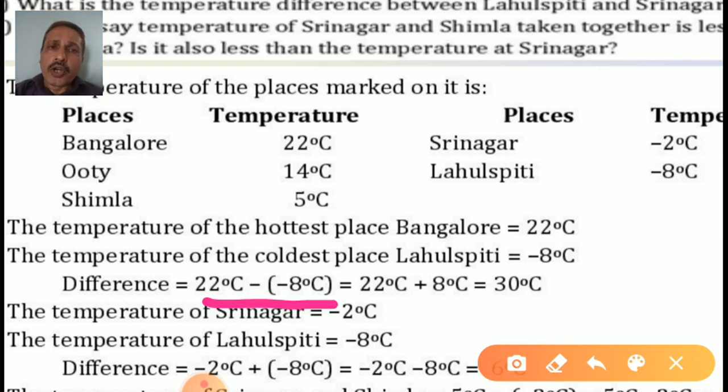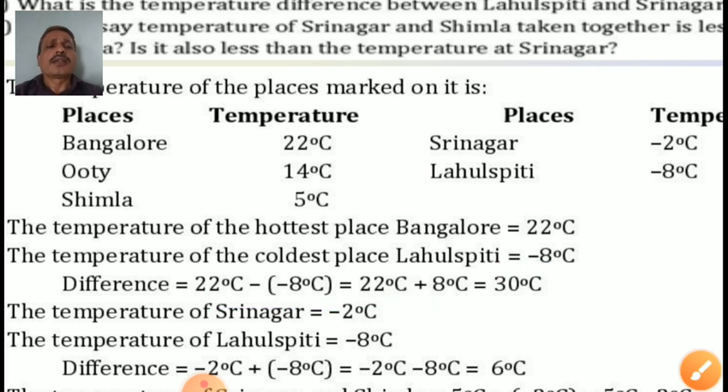We know minus into minus is plus. So 22 degrees centigrade plus 8 degrees centigrade sums up to 30 degrees centigrade. So the difference between the two cities, the hottest and coldest, is 30 degrees centigrade. Now B is over.